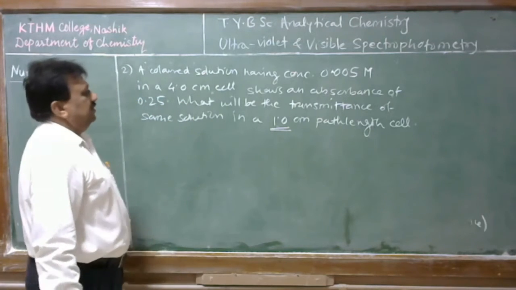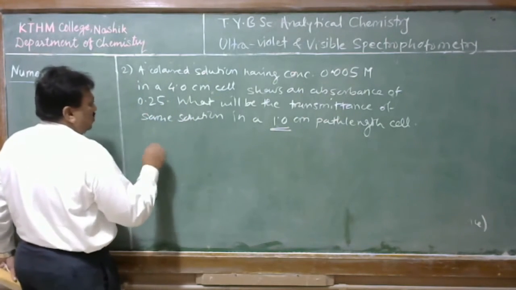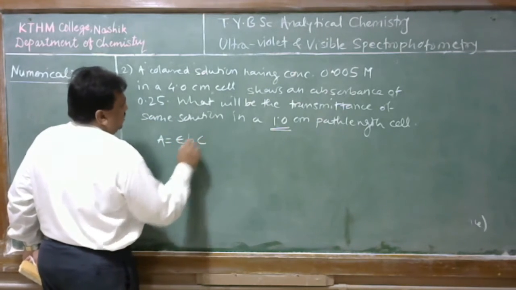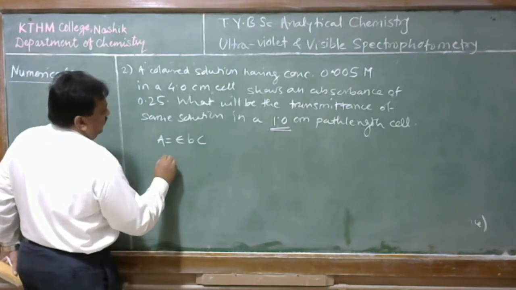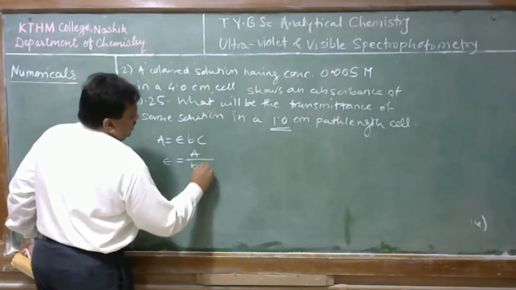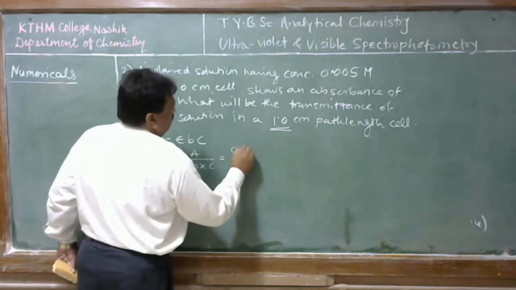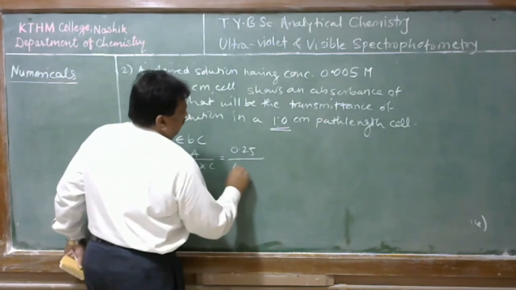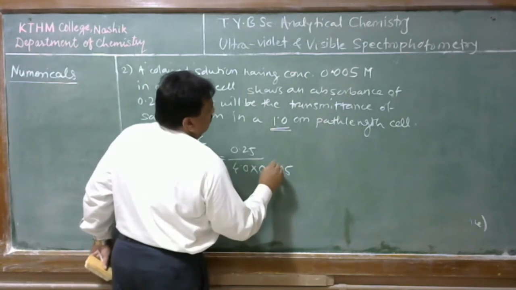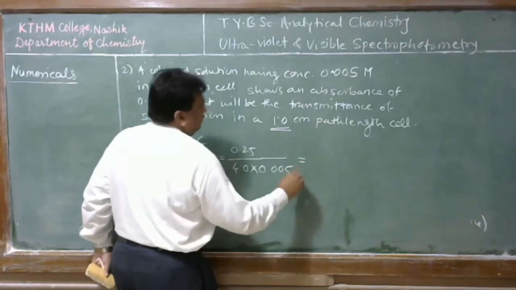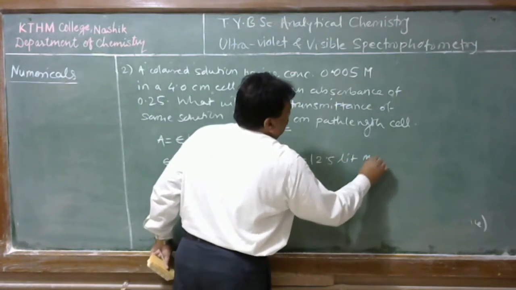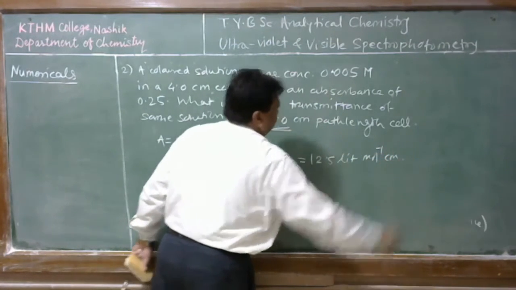That means here, in another way we can solve this problem. A is equal to epsilon into B into C. Therefore epsilon is equal to A upon B into C. Therefore 0.25 divided by 4.0 into 0.005. Therefore this value is 12.5 liter per mole per centimeter.